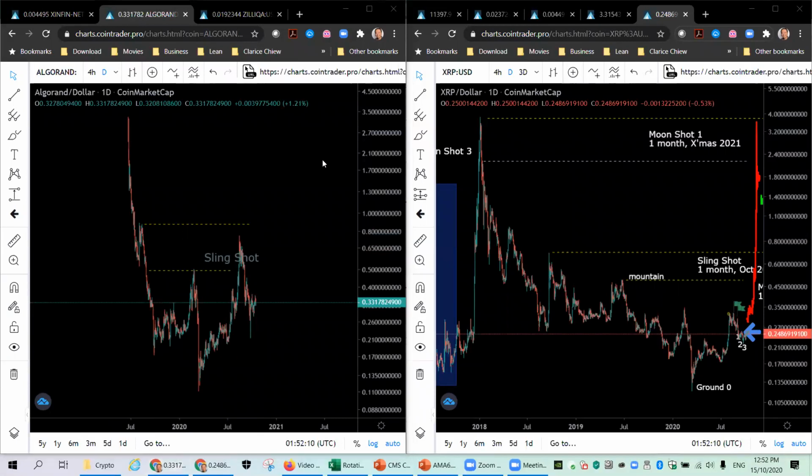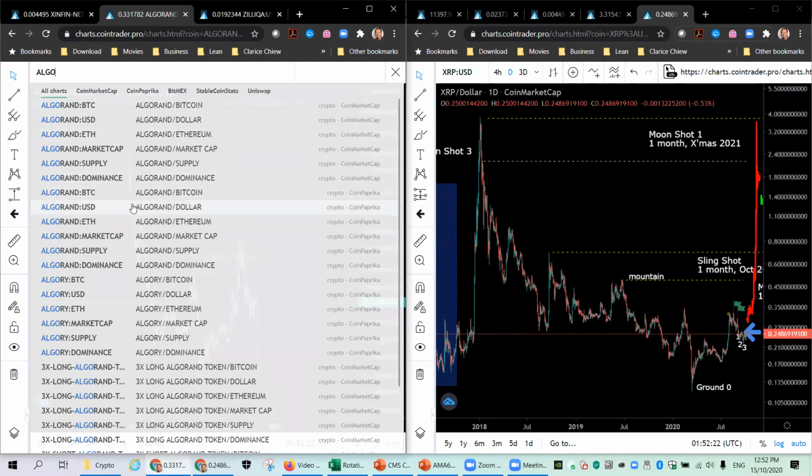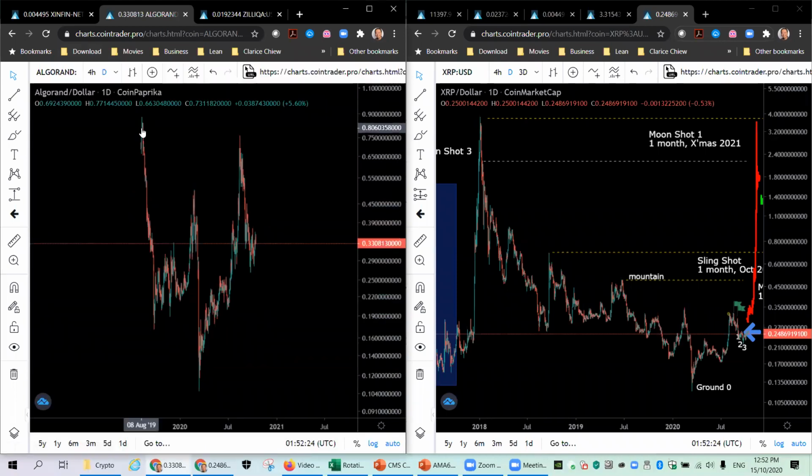Algo doesn't, again, have enough data. Does it have data going back to 2018 on Algo? It's not on market cap. There isn't enough from Coin Paprika. So again, it's hard to project Algo. We don't have data going back to 2018, so you can check on your own.